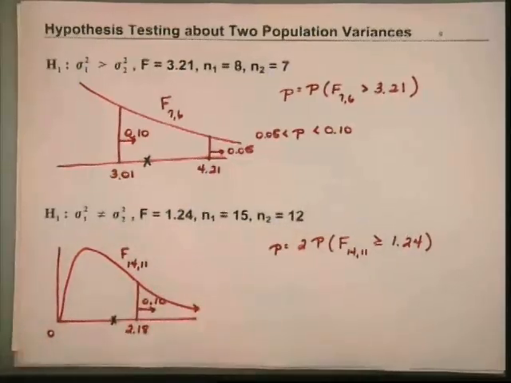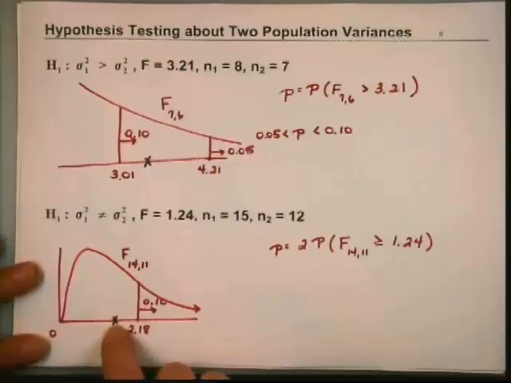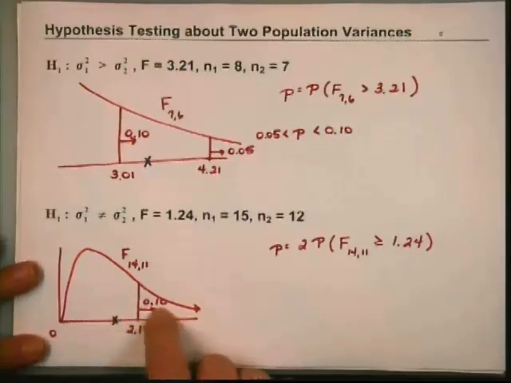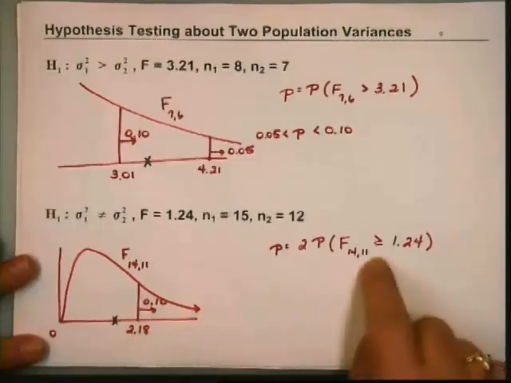So kind of like what we talked about on the t-table, we fell off of the left-hand side of the table. That's the analogous thing here. So the best I can do here is that the right-hand probability associated with 1.24 is bigger than 0.1. For the p-value, it would be twice that, greater than 0.2.